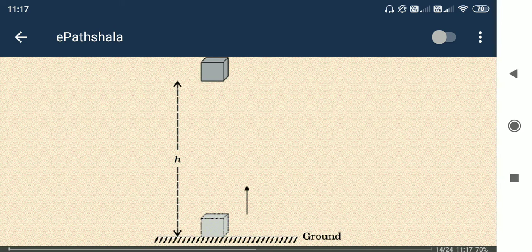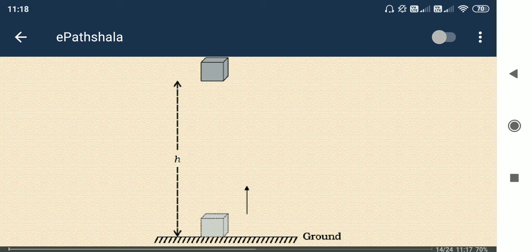So this is the usual case. What they are showing is that an object was on the ground, then the object was taken from the ground and kept at a height of h. Now the potential energy of the object will be mgh, where m is the mass of the object, g is the acceleration due to gravity, and h is the height.